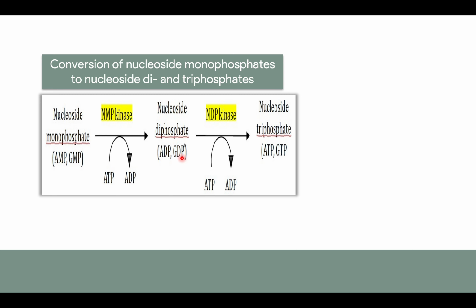Now, this nucleoside diphosphate is acted upon by the enzyme nucleoside diphosphate kinase, utilizing one molecule of ATP to form nucleoside triphosphate. Now, to note here is that whenever there is a kinase enzyme, that means there is going to be addition of a phosphorus molecule. Okay?